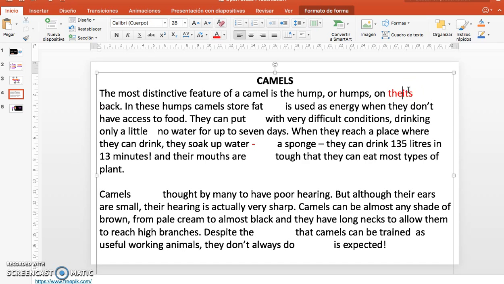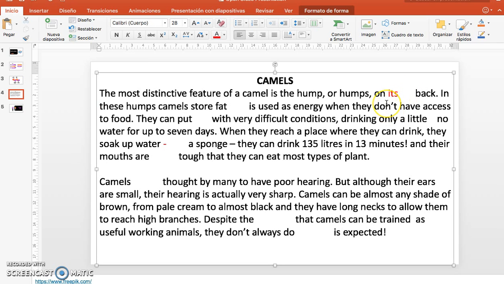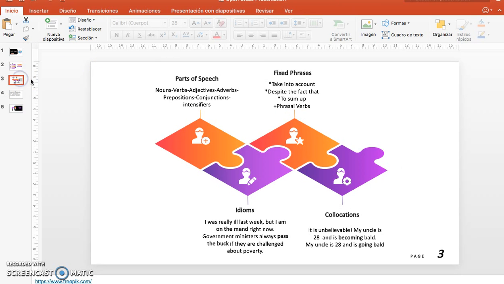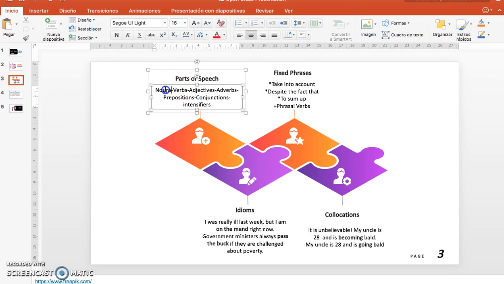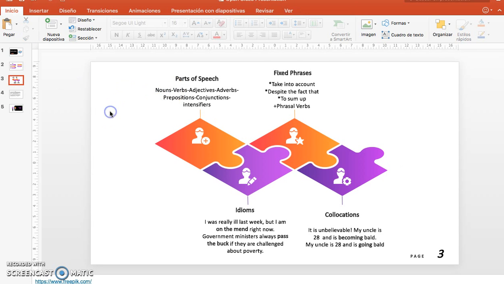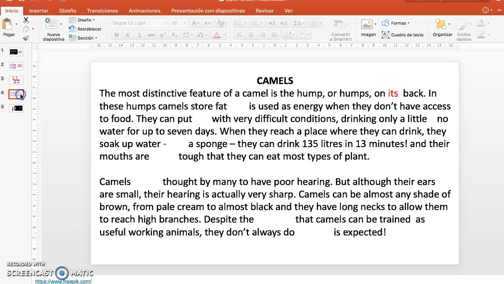So the proper possessive pronoun is its back. And the other reason is because we are talking about an animal, so that's why we are using its. Its is part of the category of pronouns, in which we find he, she, it, they, among others.